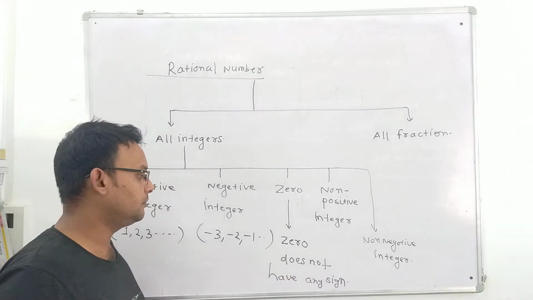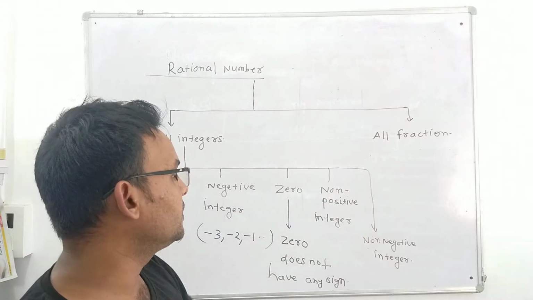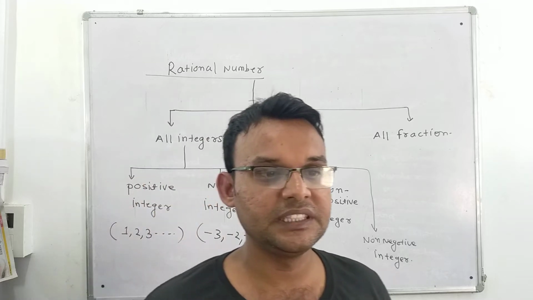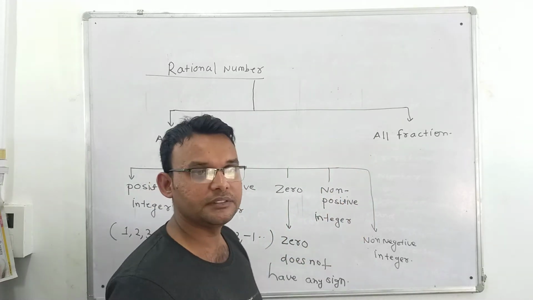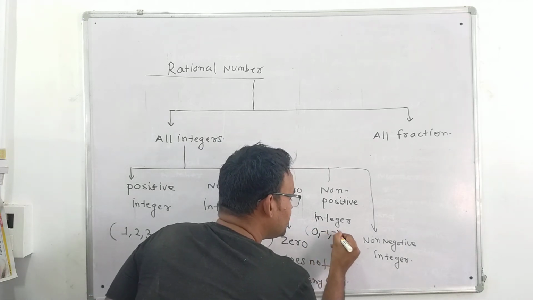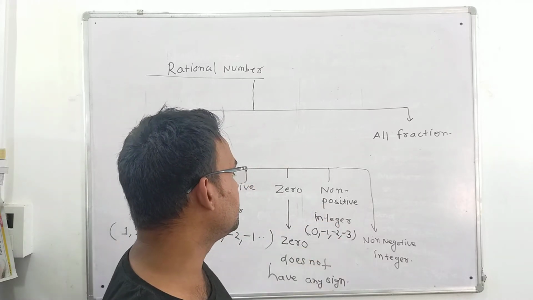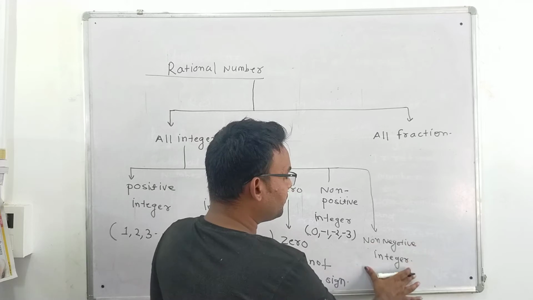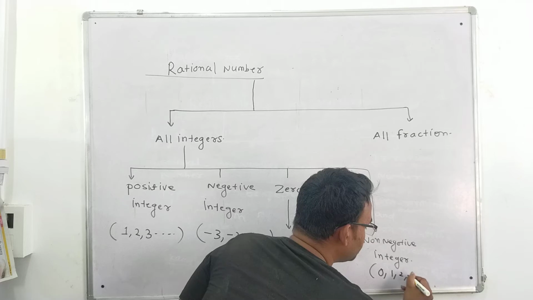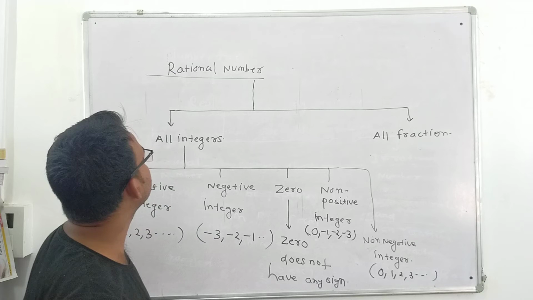Now for non-positive integers, examples are 0, -1, -2, -3. In case of non-positive integers, 0 is included. In case of non-negative integers, examples are 0, 1, 2, 3 and so on. These are the examples of different types of integers.